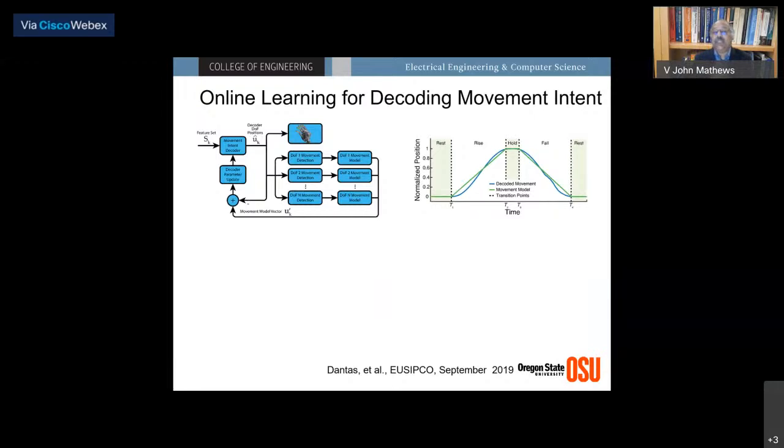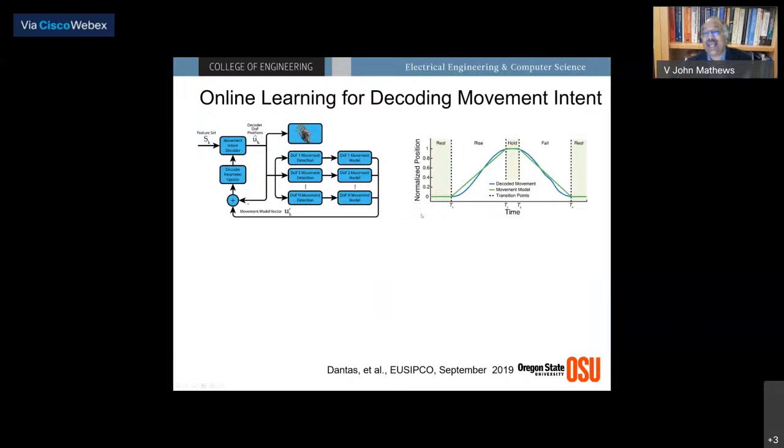The difference between training initially and now is that you don't know what the intended movement is. So you detect the movements. Once you detect the movements, you fit a model of the movement with the data that you have. We ended up using a simple piecewise linear movement model.